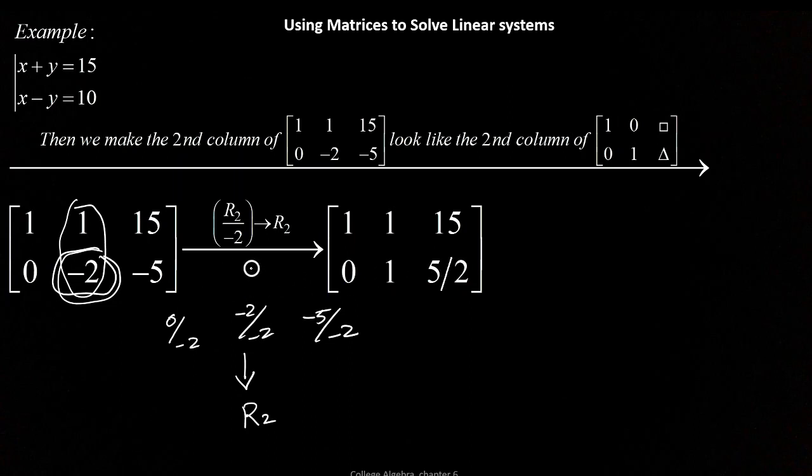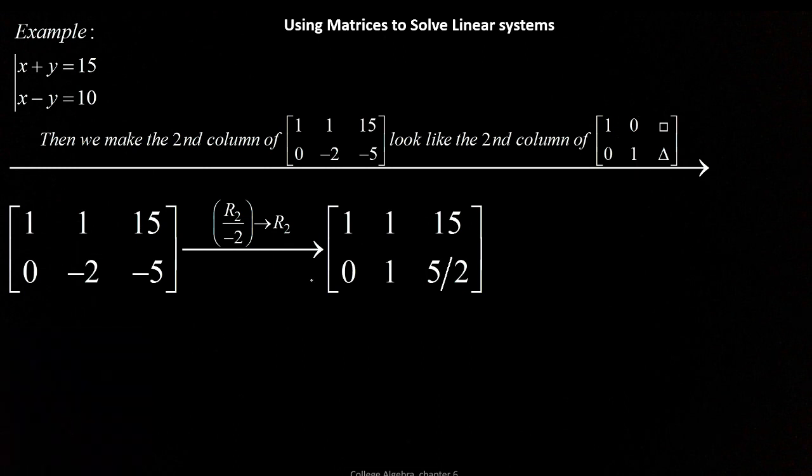All right, are we done? No. We got this part. Now we have to make the number above it 0. So now we go to this. Our goal is to make this 0 using this 1. So how do we use this 1 to make that 0?